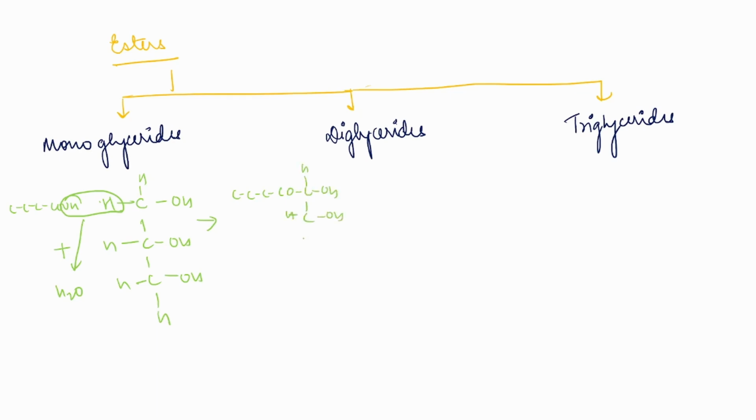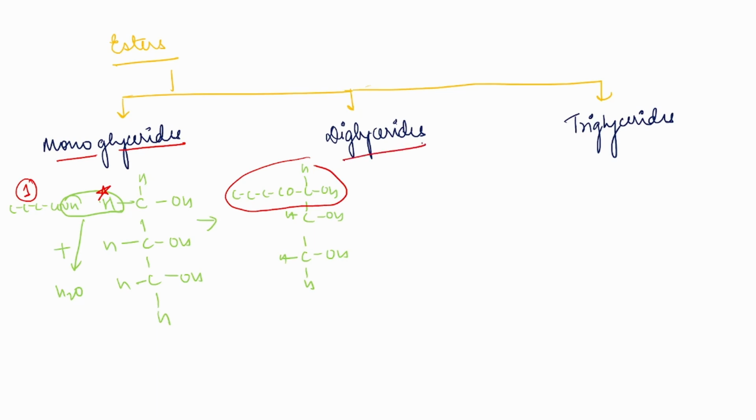Now this one fatty acid has replaced one hydrogen from the glycerol. As a result, one fatty acid has removed the hydrogen, so we call this a monoglyceride.